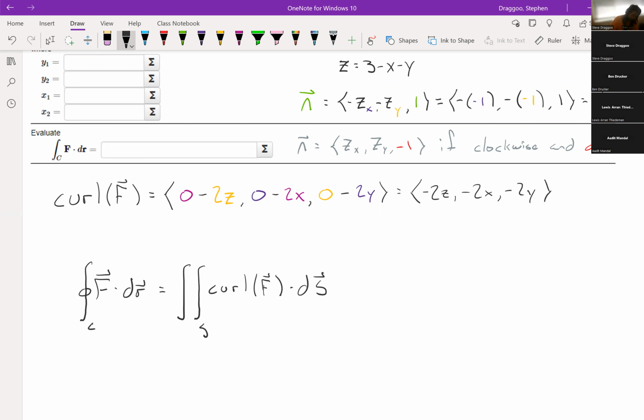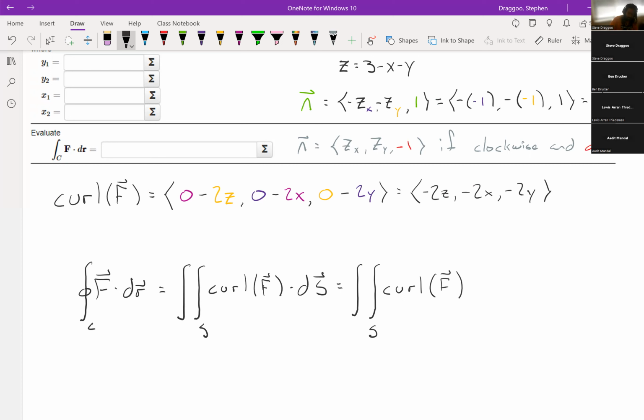And one more simplification. That is the statement of Stokes' theorem, but then we've got a slight little alteration we're making for the sake of an easier calculation.